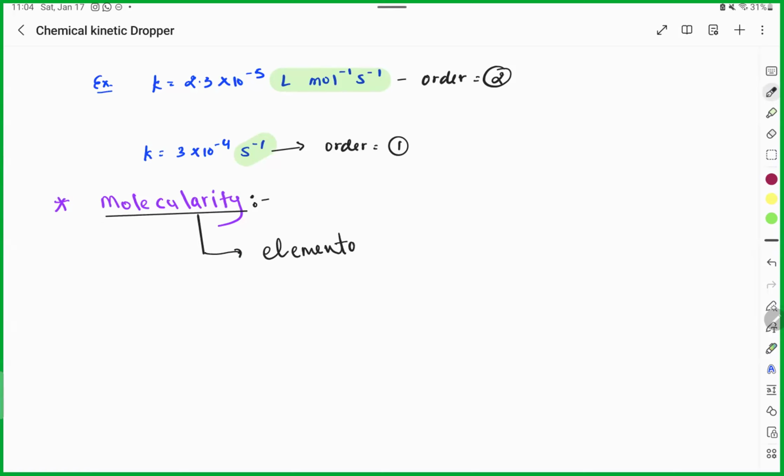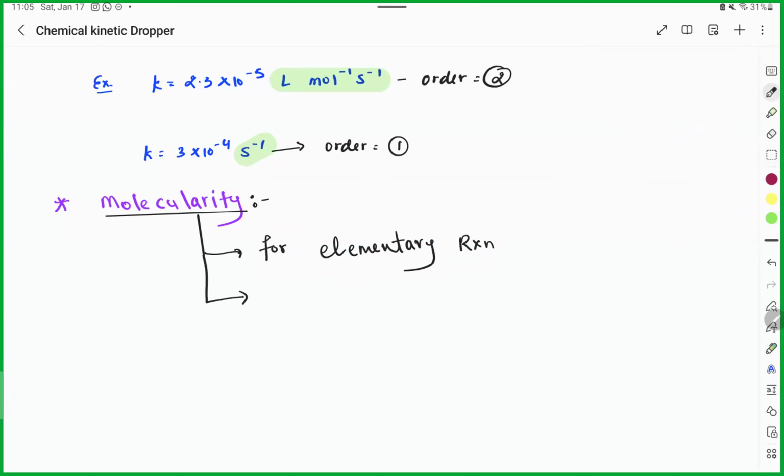Sandana, what is an elementary reaction? This is a one step reaction, not a two-step reaction.